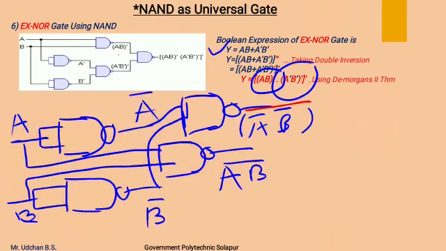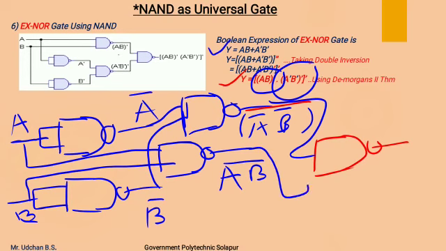Now I have both the terms, that is A B complement and A complement B complement its complement. To get the final equation I will use another NAND gate. To that I will connect this term as an input and this term as an input.